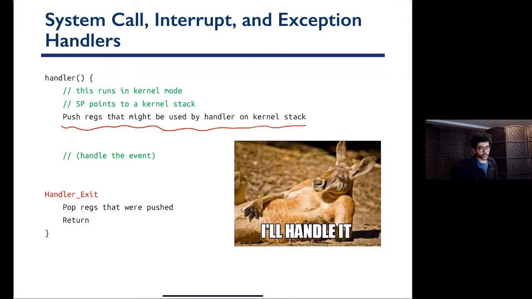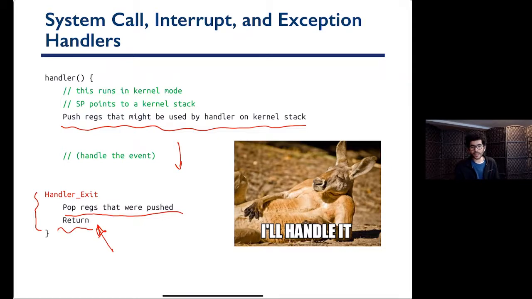Whatever you do, either saving all registers or saving only the few registers that you need, at the end of the interrupt handler, once you're done with handling the event, you're going to pop them from the kernel stack, either all of them or those few, and then you're going to return. One note about this return is that it will depend on what mode you want to return to.